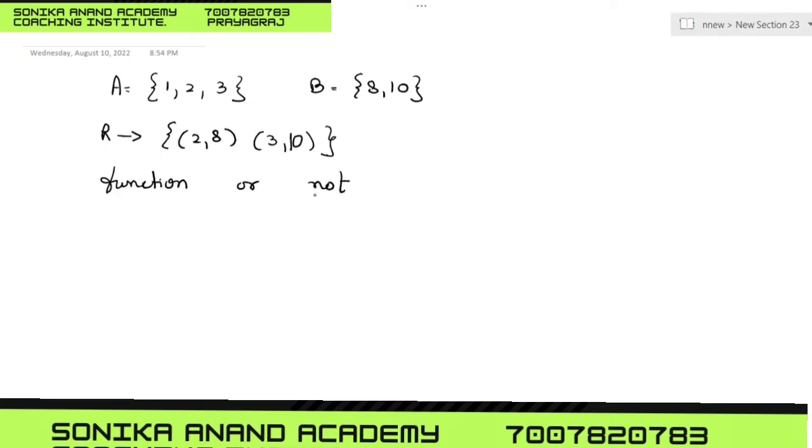No, it's not a function, ma'am. Why? One is left out. Yes, because 1 doesn't have any image in the set B. Clear?